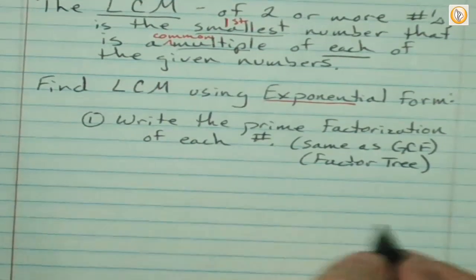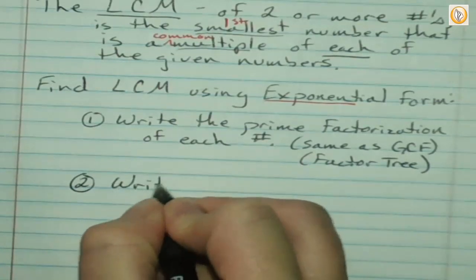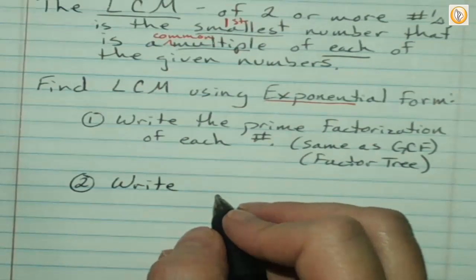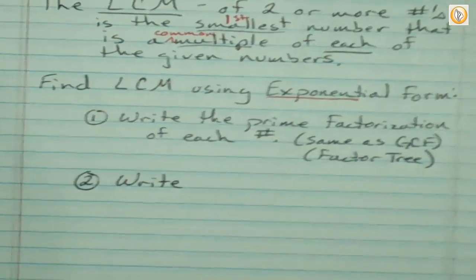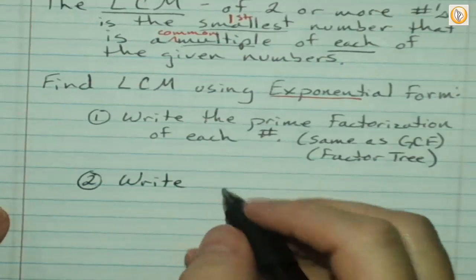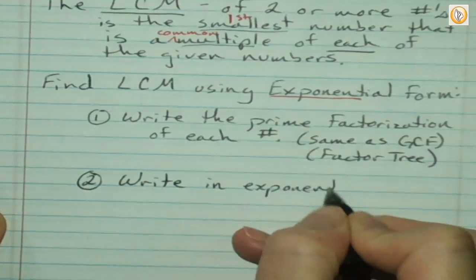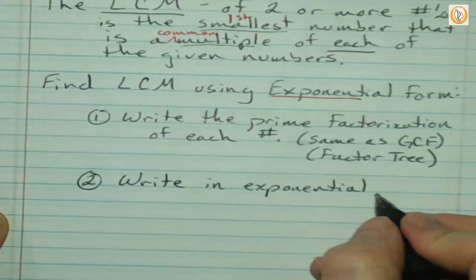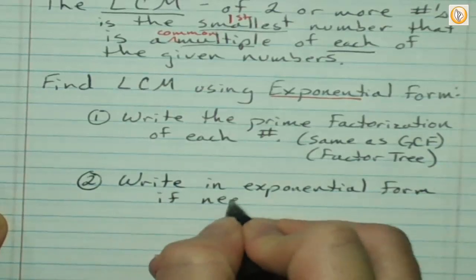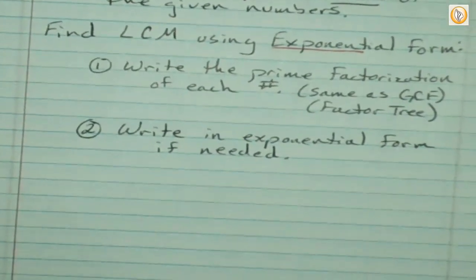And then step 2. Write, just like we have, well, no, we didn't write the greatest common factor in exponential form. Remember, we listed them out with the multiplication, and we circled the pairs, right? Well, this time we're going to write in exponential form, if needed. Like if you can.